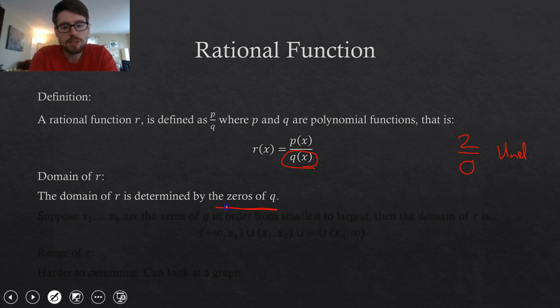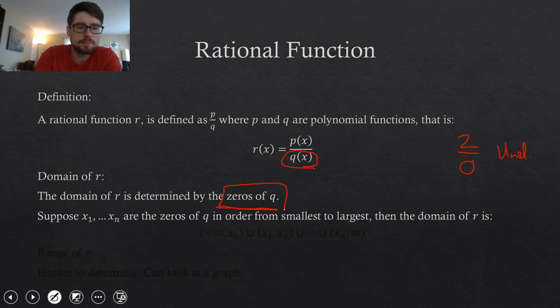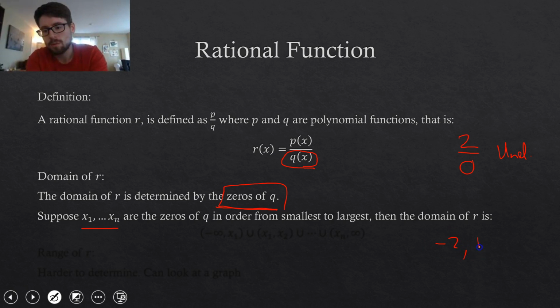So the zeros of Q are going to determine the domain of this rational function. If you've got some list of those zeros, and I just listed them out, x1 through xn, these are all the zeros of Q in order from smallest to largest, like -2, 1, 3, and so forth.